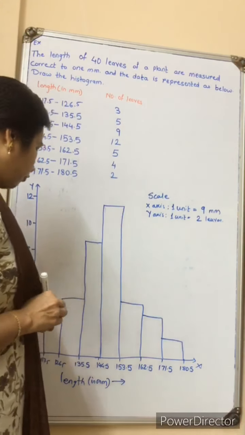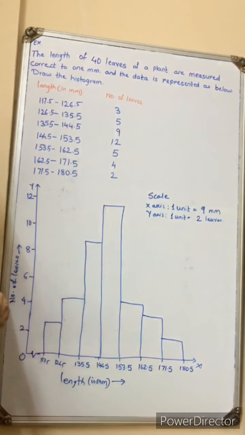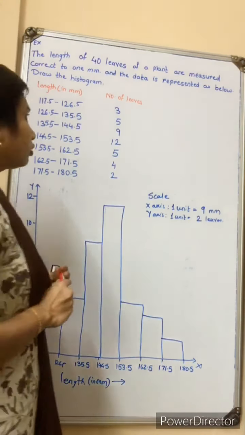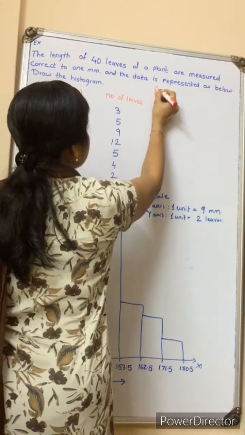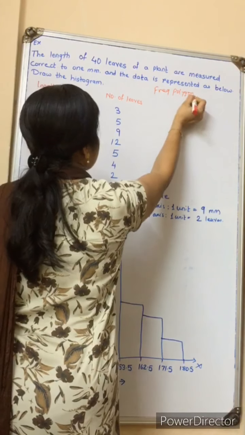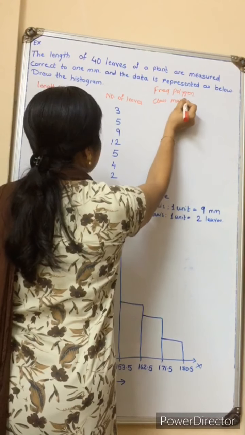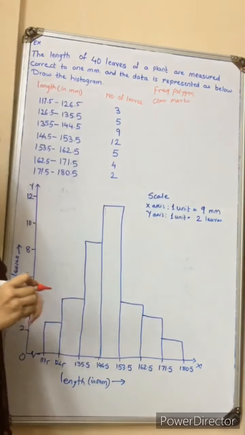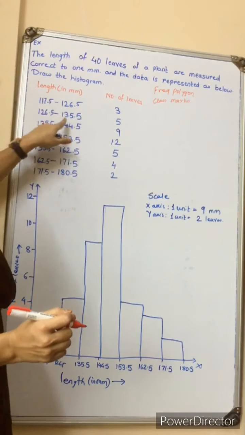Next, from the histogram we can draw a polygon, called a frequency polygon. It is very simple to find out. For the frequency polygon, you just find the class marks for the given classes.